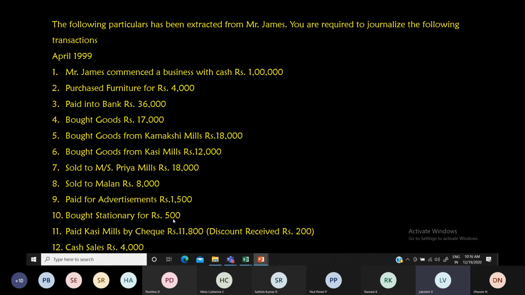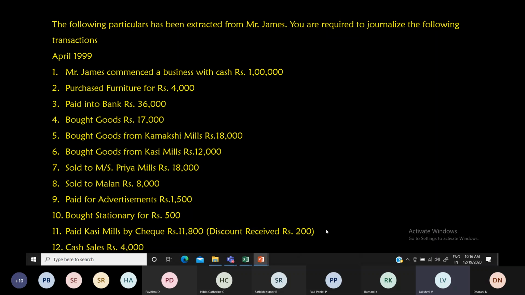And they have paid him rupees 11,800. Actually we have to pay him 12,000, but we are paying only 11,800. Whenever you make credit purchase, you will be receiving discount. So the balance, 12,000 minus 11,800, remaining is 200. So this will be the discount received.